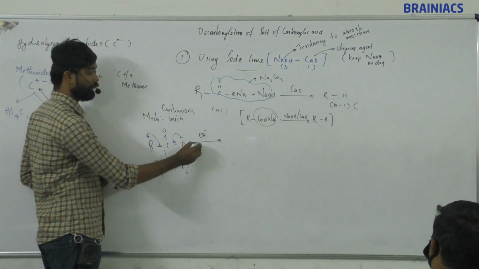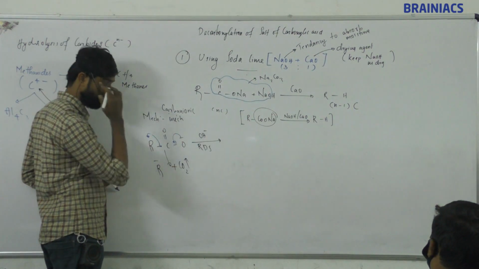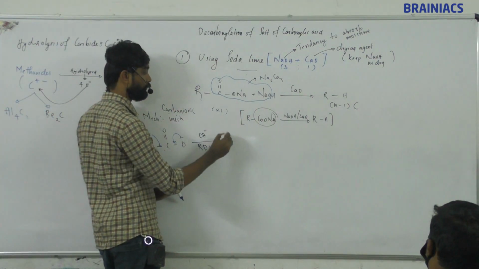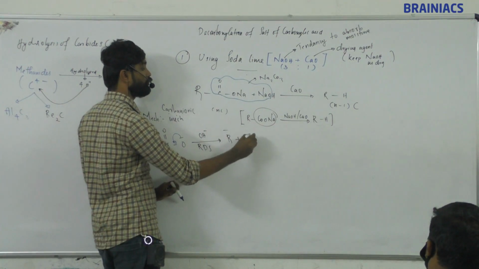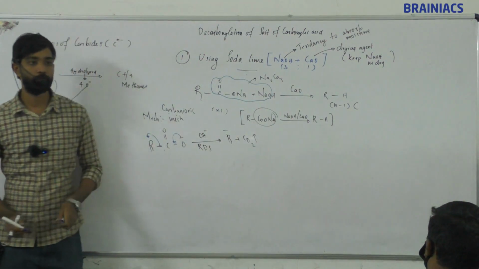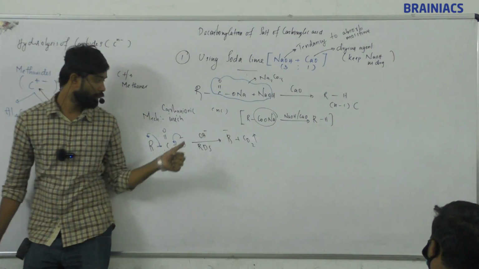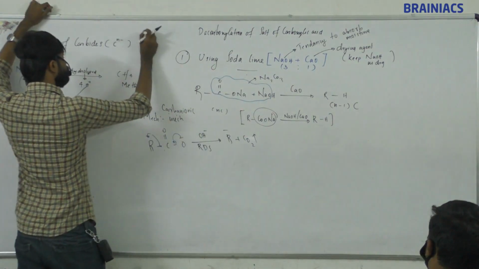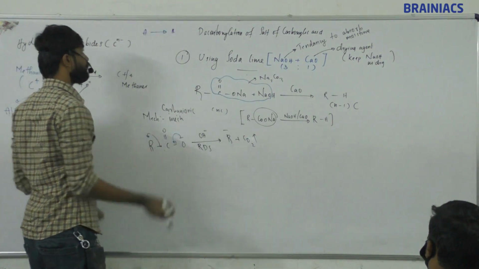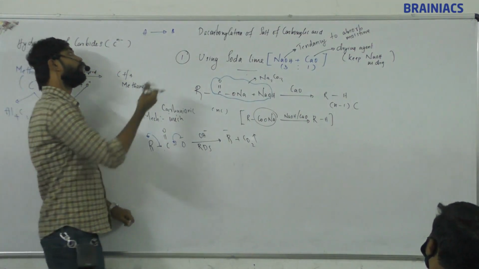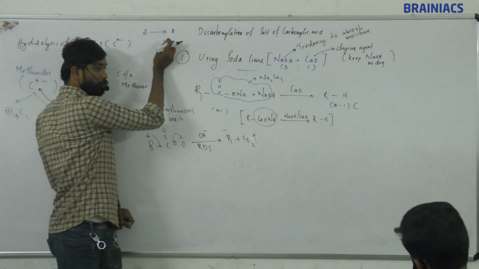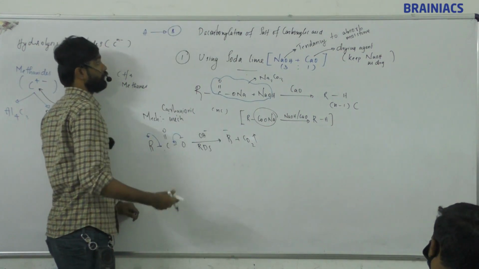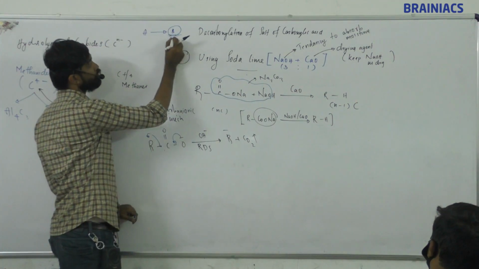And this is a rate determining, slow step: R- plus CO2. You know the meaning of rate determining step. The rate of this reaction depends on this step. If a reaction goes from A to B, the rate of the reaction is higher if the formed B is more stable.